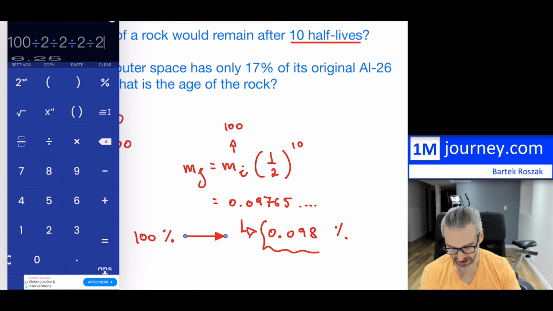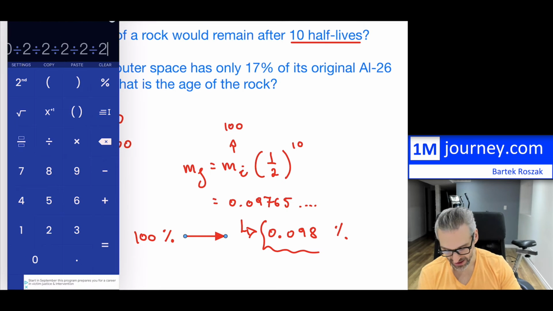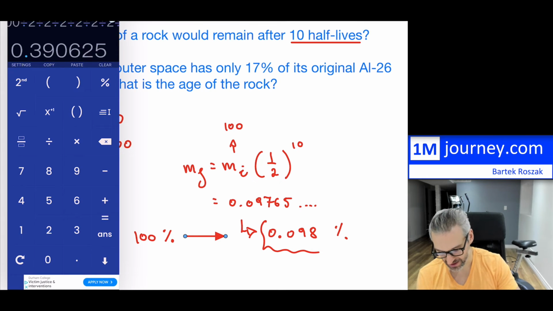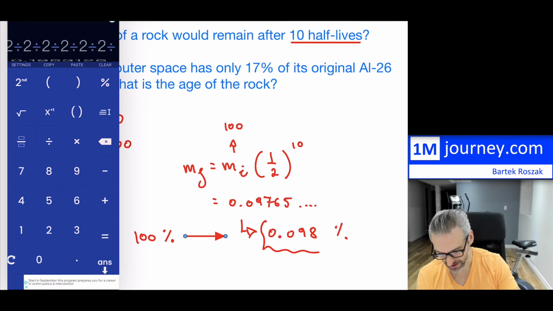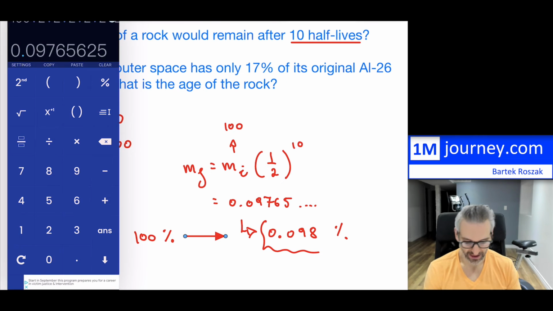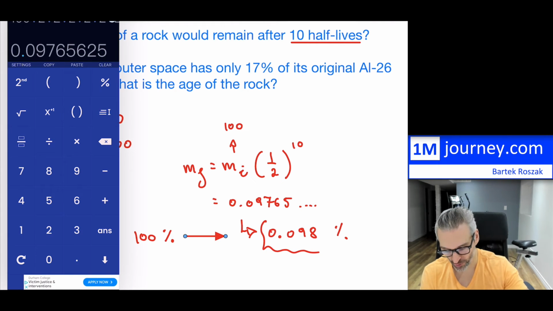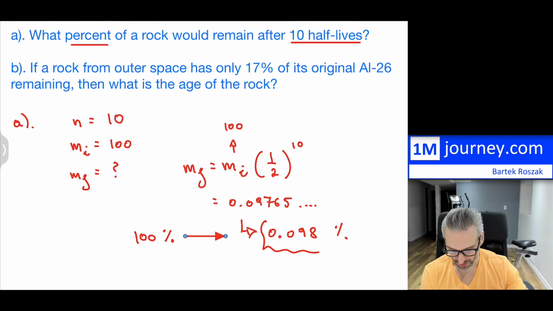Divided by 2, that's 4, that's 5. This is 6, this is 7, this is 8, this is 9, and this is 10, right? And there you have it. Now you could, of course, do it by exponents, which is much, much faster, and the formula itself. So that was part A.